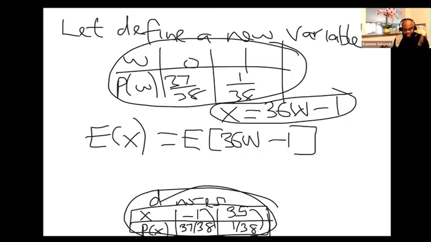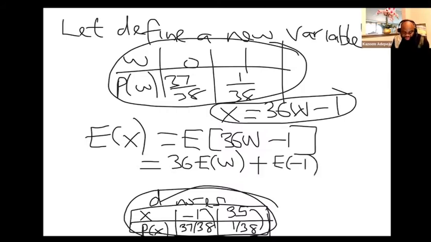That is basically 36 times the expected value of W, minus the expectation of minus 1.